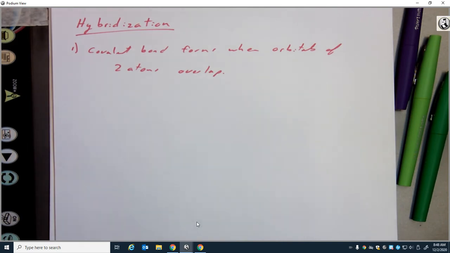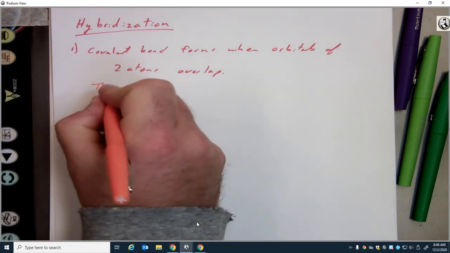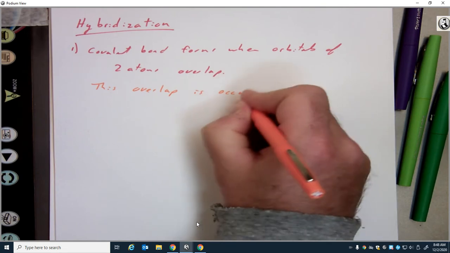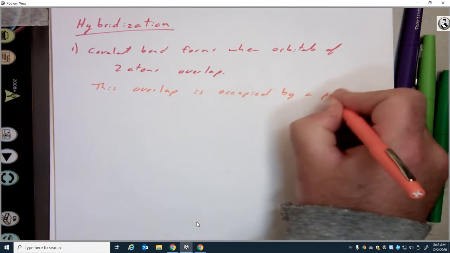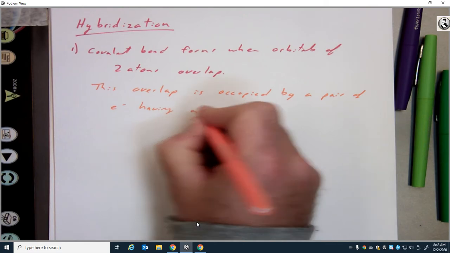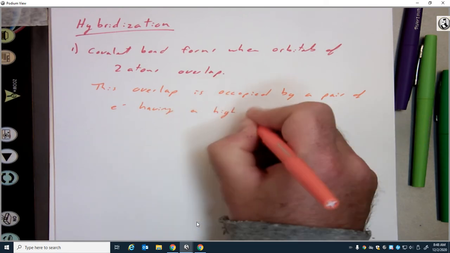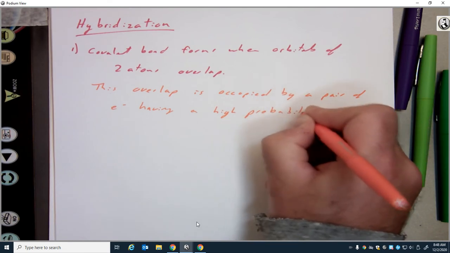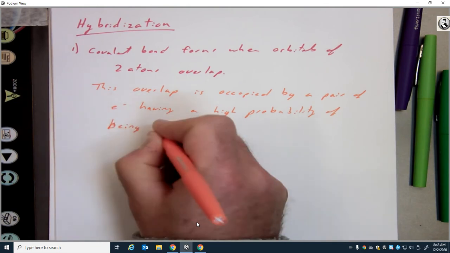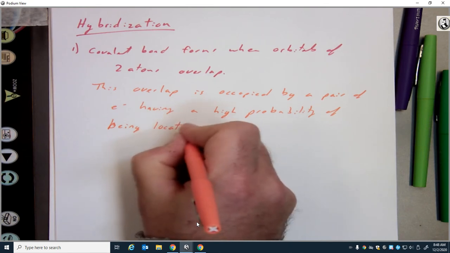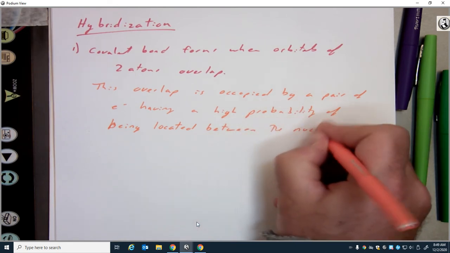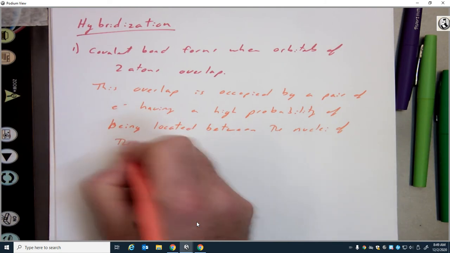Our orbitals overlap. This overlap is occupied by a pair of electrons having a high probability of being located between the nuclei of the two atoms.